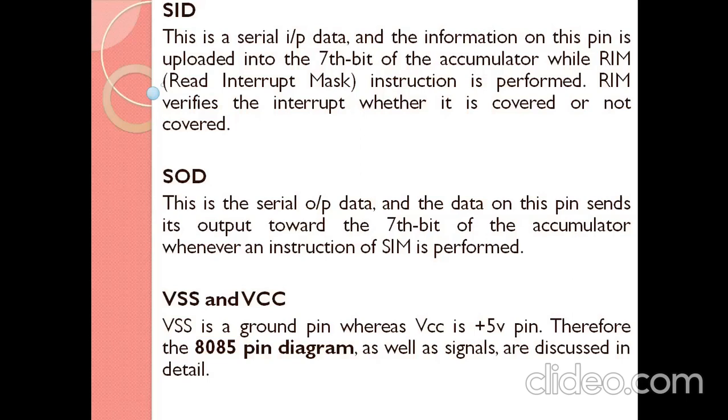Serial output data means data from the microprocessor is transferred to the output device bit by bit. Operating voltage: you are giving 5 volt to the microprocessor. VSS means the ground pin. So this is all about the pin explanation of the 8085 pin diagram as well as the 8085 signals.